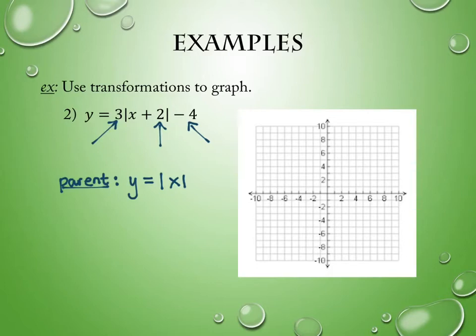Let's just go from left to right. The 3 at the beginning, what will that do to my graph? It will stretch it. Right, this is a vertical, you don't have to write the word vertical, but I'm going to keep reminding you, it's a vertical stretch. How about the 2 inside?